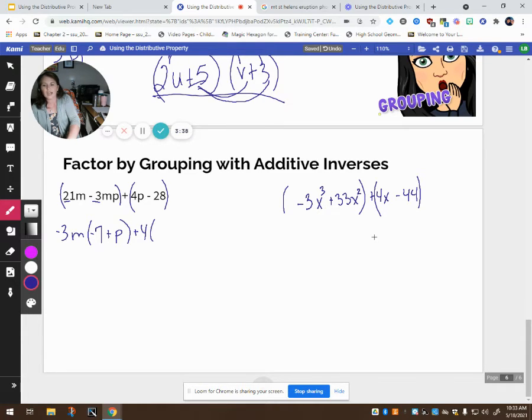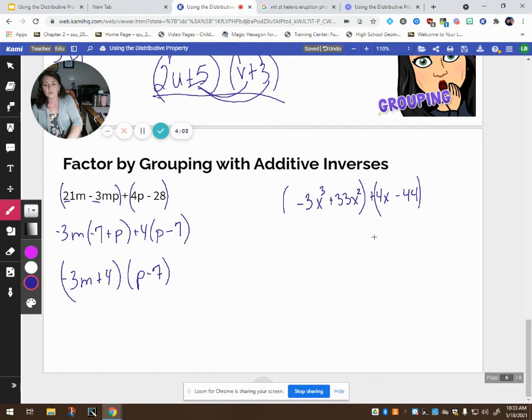If I pull that 4 out, I'm left with p. Negative 28 divided by 4 leaves me with a negative 7. So even though these are written in a different order, it's still the same thing. A negative 7, positive p, positive p. So I can rewrite it as negative 3m plus 4 times p minus 7.